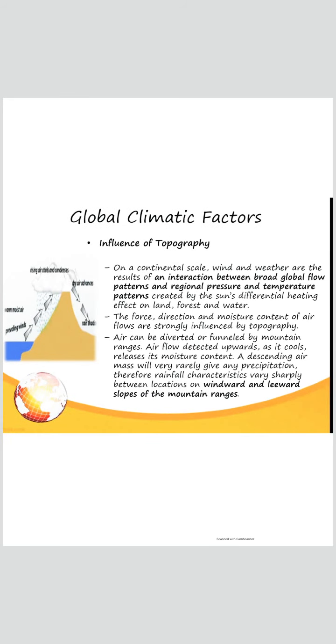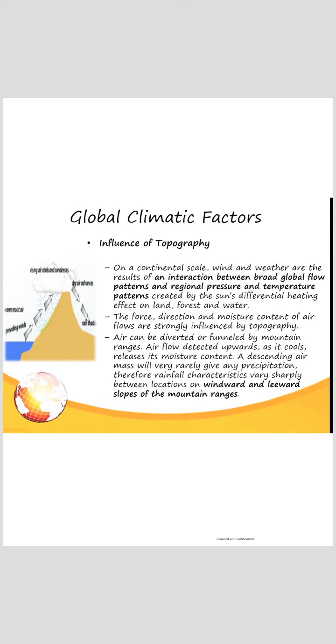The influence of topography. On the continental scale, wind and weather are the result of an interaction between the broad global flow pattern and the regional pressure and temperature patterns created by the sun's differential heating effect on land, forest and water.